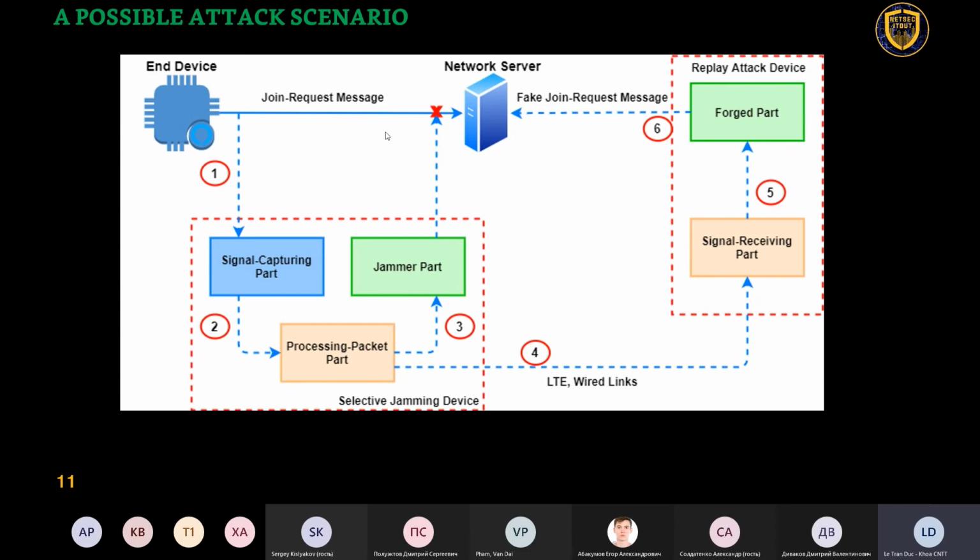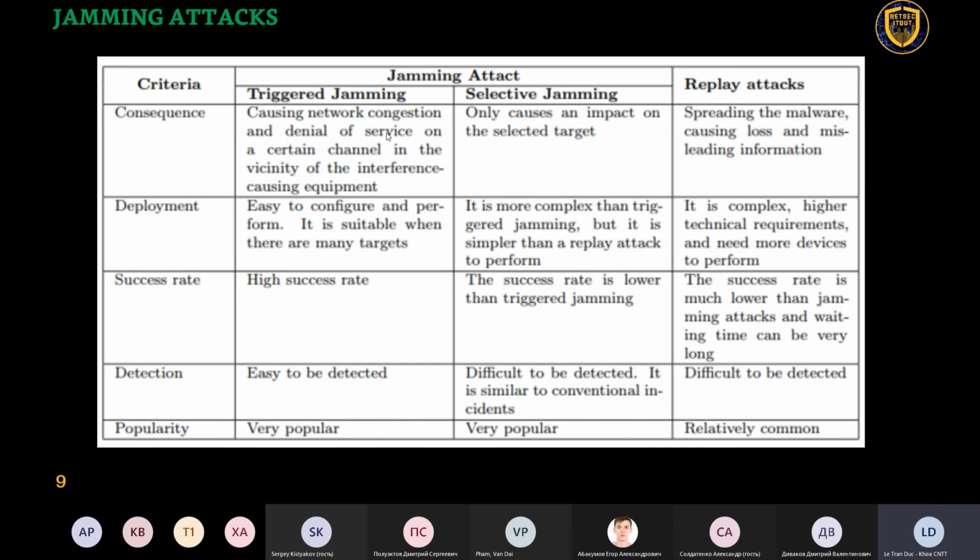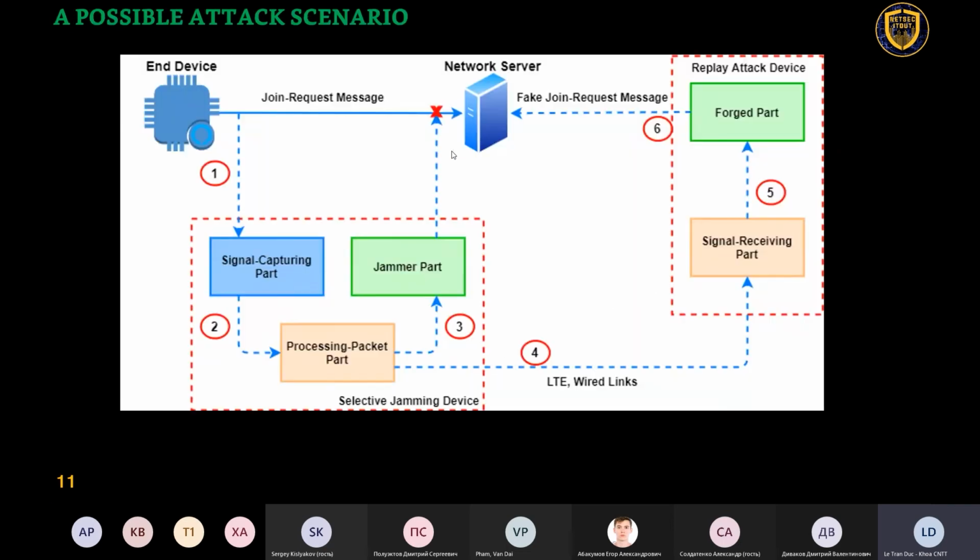So we analyze the jamming attack and replay attacks for the join procedure, because the join procedure is what we care about. And we suggest an attack scenario where the attacker combines those types of attacks. That's what we want to show.